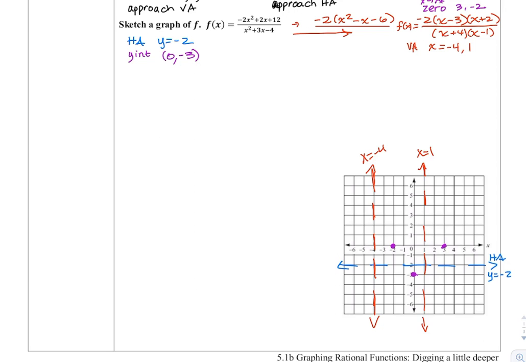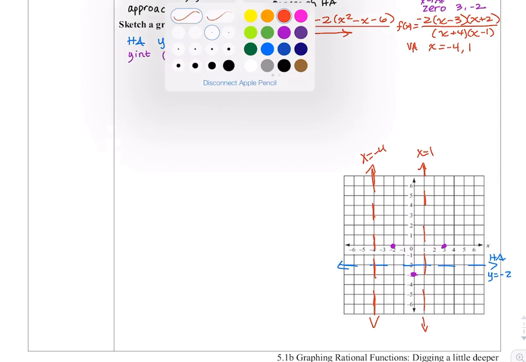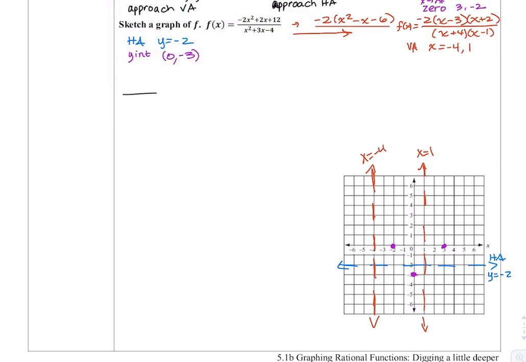Okay, now we're going to go ahead and make a table of values really quickly. And let's pick some values to plug into our graphing calculator. So we'll go all the way to the left. I say let's just pick -100 and see if we'll get below -2 or above -2 as an output. That'll give us our negative infinity tendency.